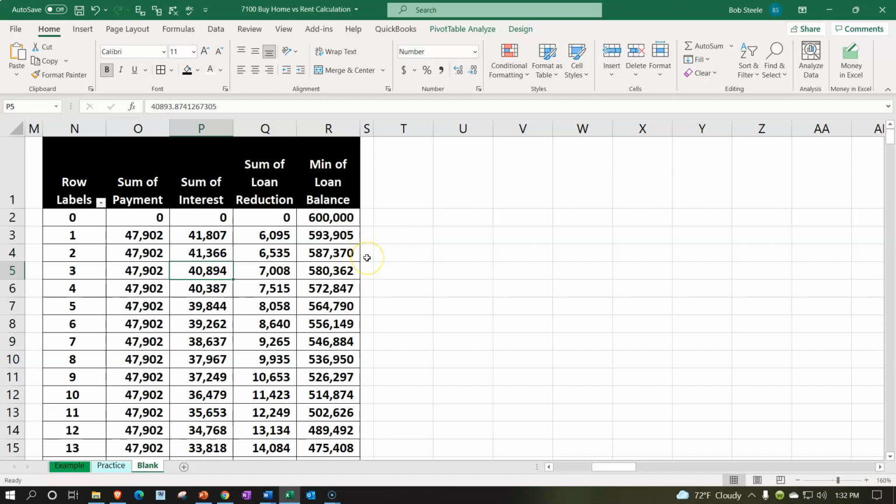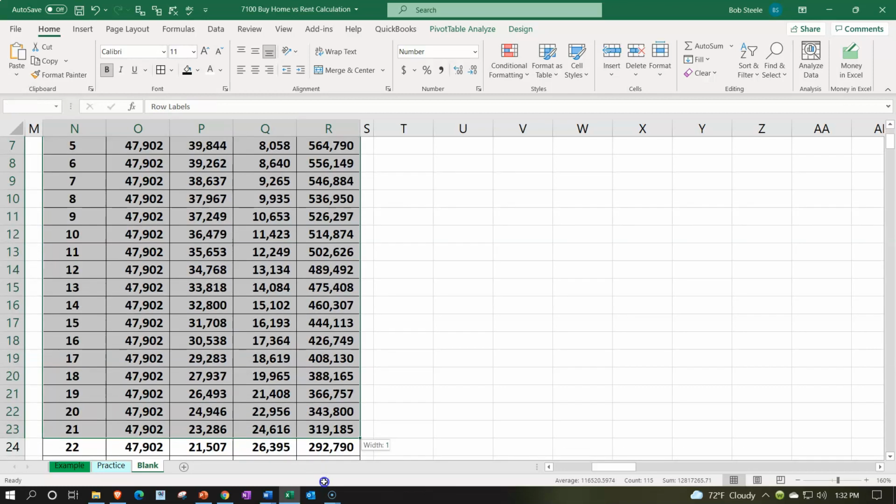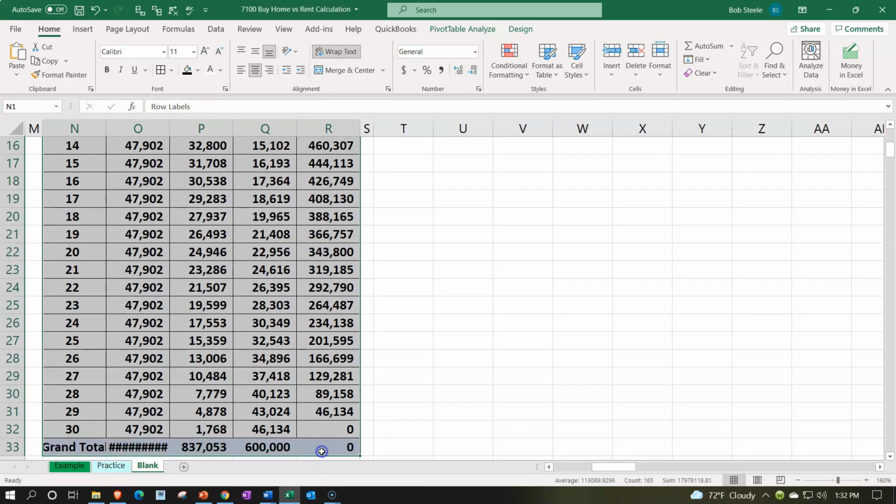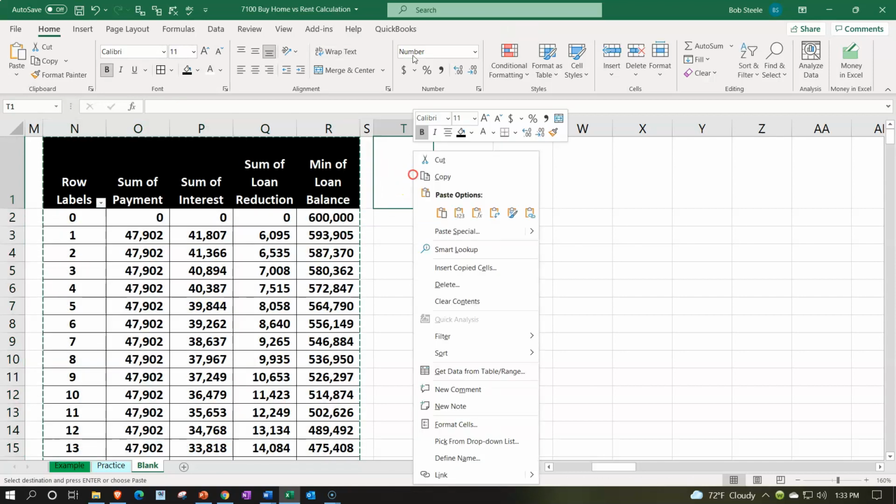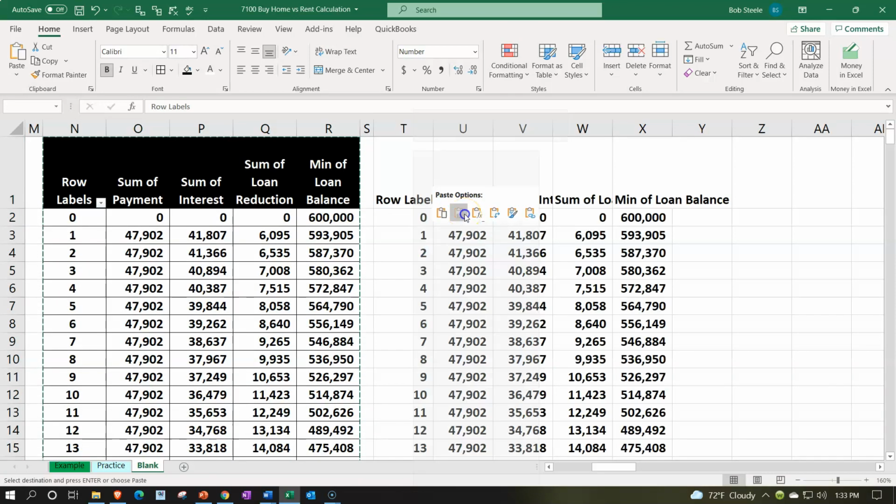You could reference the table, but generally, if you're planning on using the pivot table for anything else, like pivoting it in other ways, then the references to it might be a little skewed. So typically, I'll copy this information on the pivot table, Control C, and put this over here and just right click and paste just the values. So now we have our table with just hard-coded numbers in it.